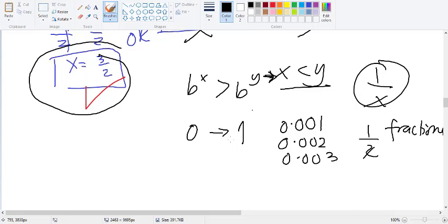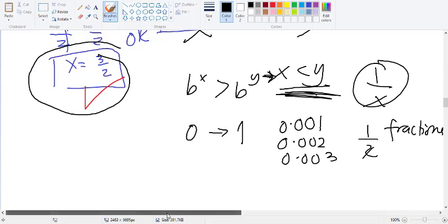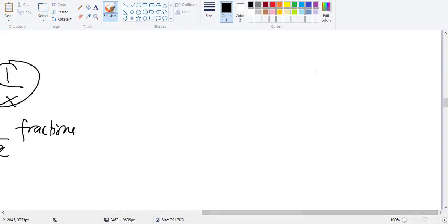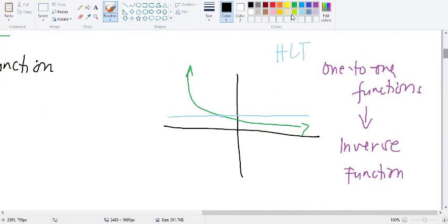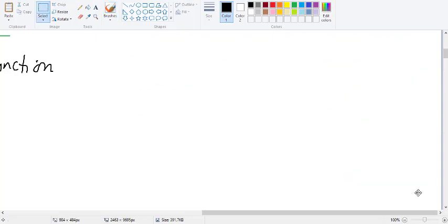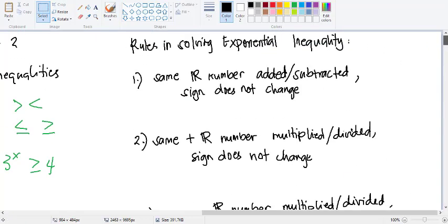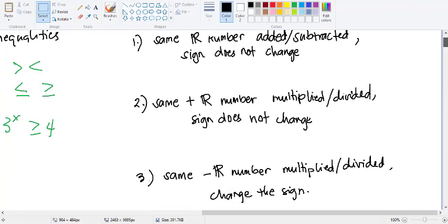Okay? I think it's not in your module, but to better clarify this property, let us go to the rules of solving an exponential inequality. Let me just delete this one. Okay. So we have 3 rules in solving exponential inequality.